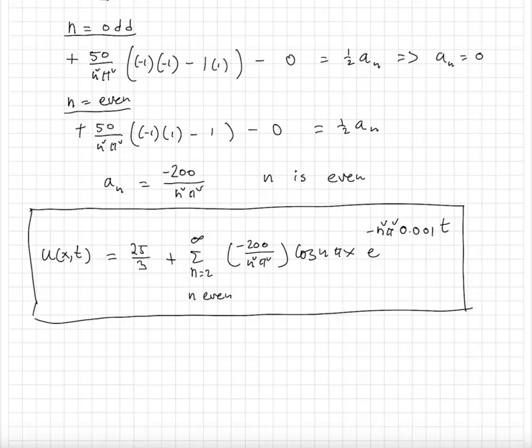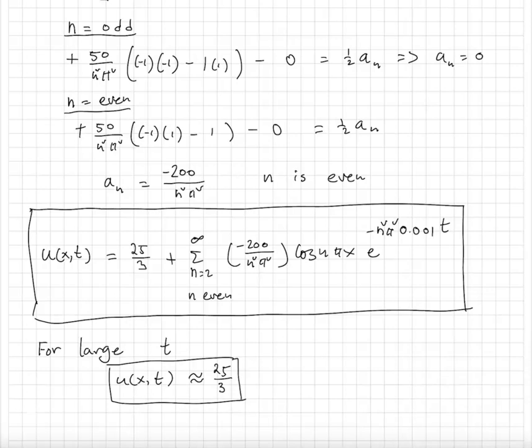So we can say okay, for large n or large t, the solution u of x t is approximately 25 over 3. Please note, I am not trying to provide you a good introduction or analysis about asymptotic analysis, asymptotic form of the series.